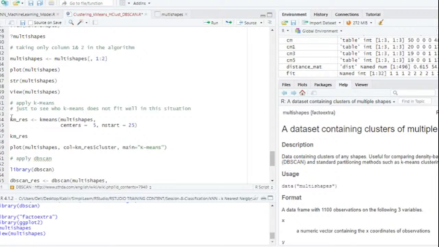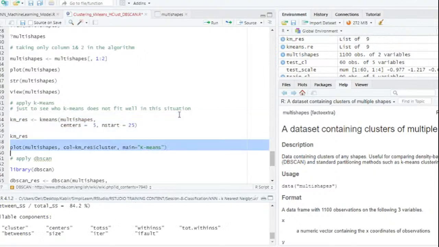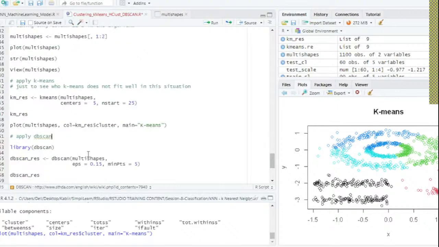Now, if I apply k-means to this, and I mention, let's say, I want 5 clusters, this is how k-means is going to cluster them into 5 clusters. Line number 249.